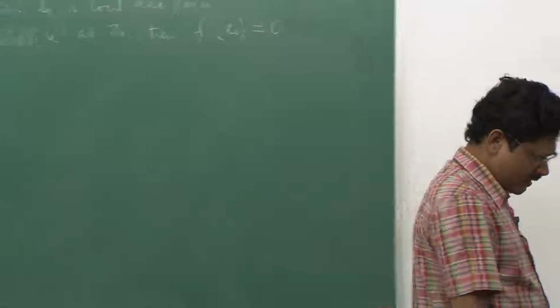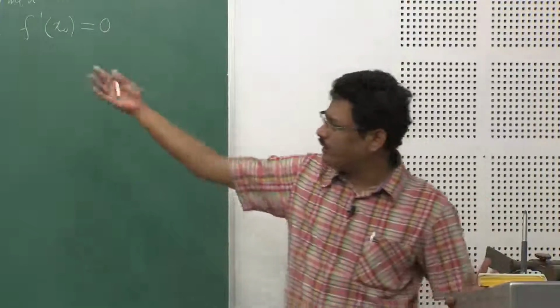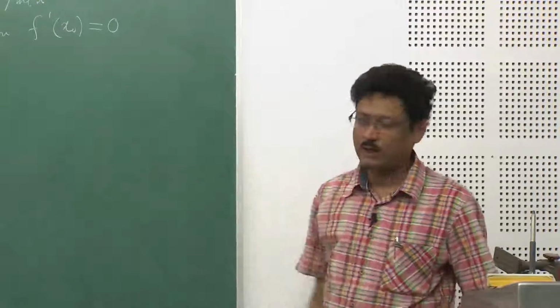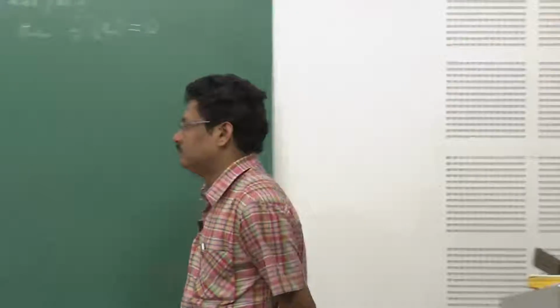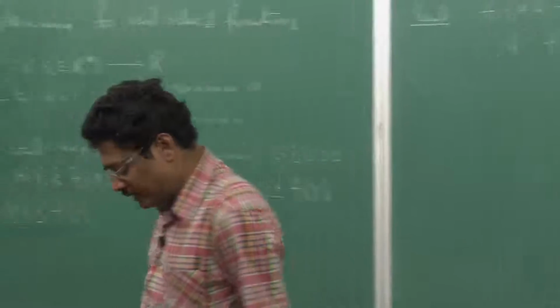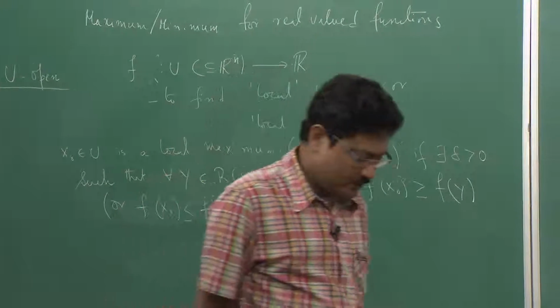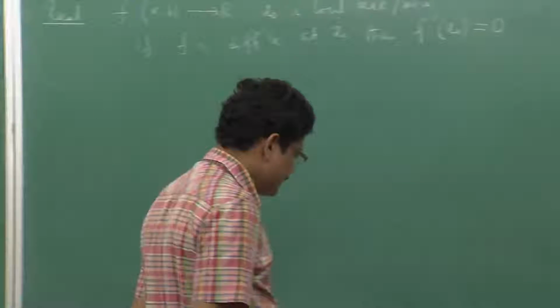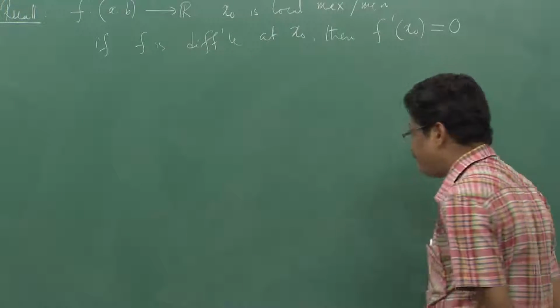You know the proof also, I presume, but we will prove it for n variables. I will just stress the proof is just one line, which works for n equal to 1 as well. But in n variables you do not even need f to be differentiable, there is a little bit of difference here.